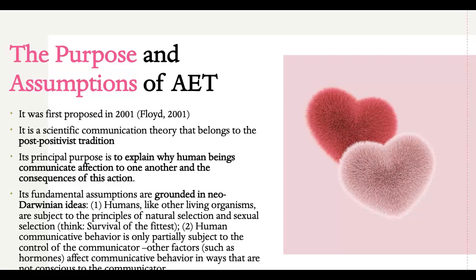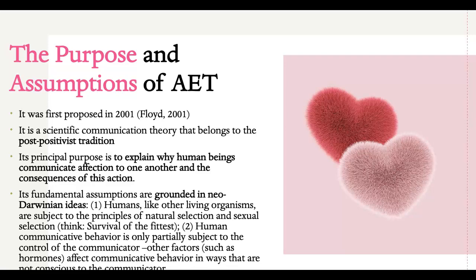Now, the next one is that human communicative behavior is only partially subject to the control of the communicator. Other factors such as hormones or mood swings or something like that affect communicative behaviors in ways that are not conscious to the communicator.